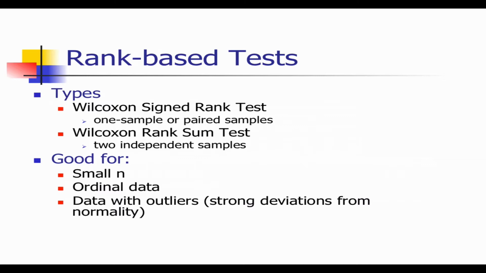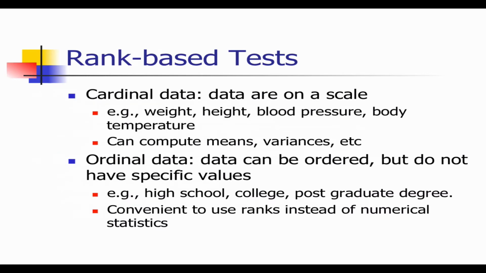There are some orders to that categorical outcome, which is called an ordinal outcome. So when you have small n, ordinal outcomes, or data with outliers, non-parametric tests, especially the two tests that we are going to introduce today, would be a very good alternative for you to consider.